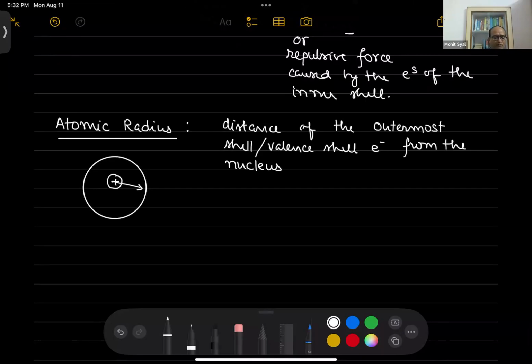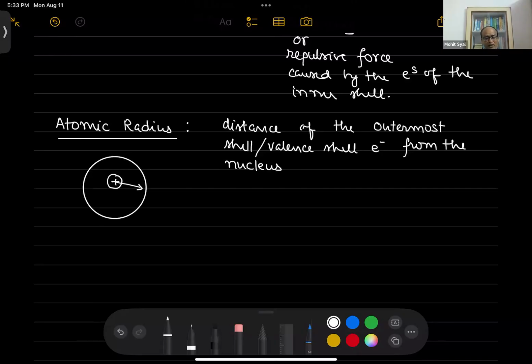But the problem is that it is not possible to find it. If one atom is given to you, will you be able to find the size? It is not possible.